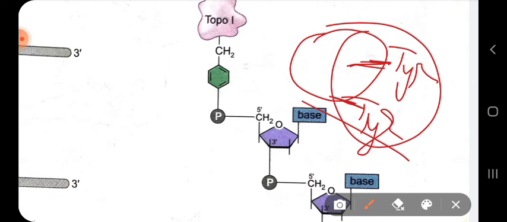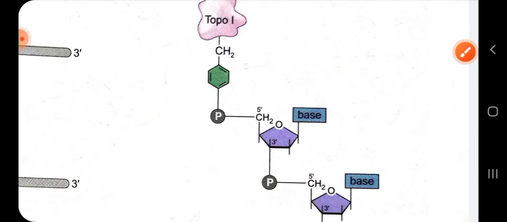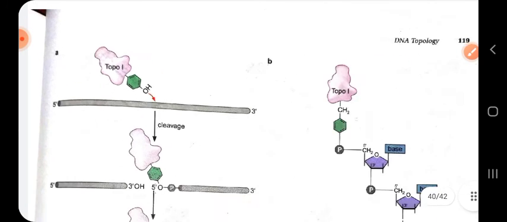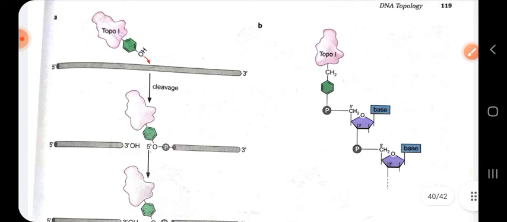If one tyrosine residue in the active site of type 1 topoisomerase can cause one strand cut, then type 2 obviously has two tyrosine residues in its active site. They will create a double stranded cut. Okay, so this is the nature of your type 1 and type 2 topoisomerase.